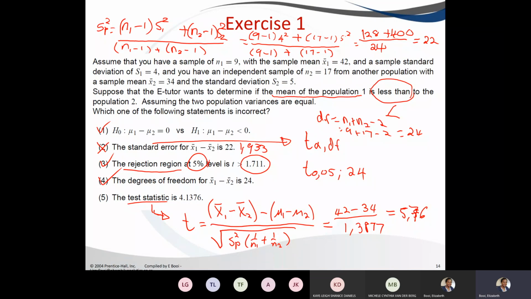So if we substitute here the standard error, 1.933 on the calculator, I get 4.138. My calculator is in 3 decimal places, so that's why I see 4.138. And if I look at this, it's almost exactly the same. So the only incorrect part was the standard error.